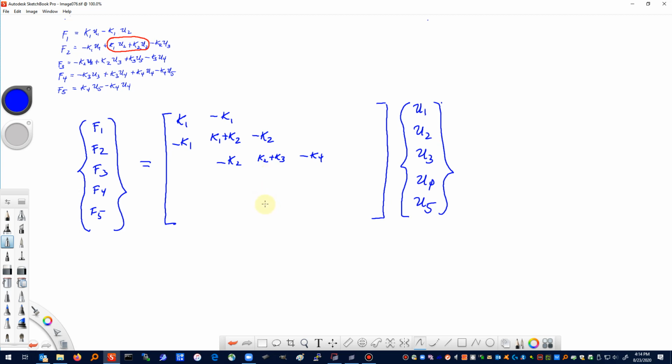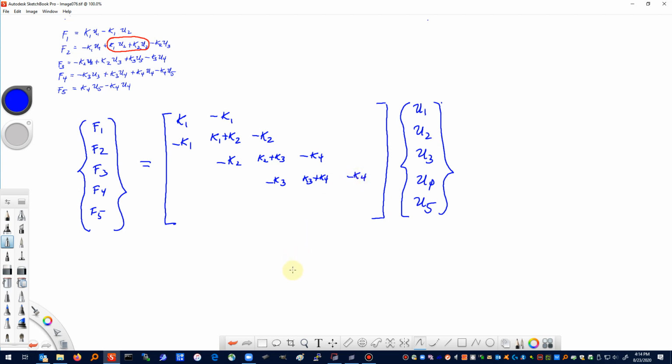Number 4, F4, has a U3, a U4, and a U5. So U3 has a minus K3. It's got K3 plus K4. And then it's got a minus K4.